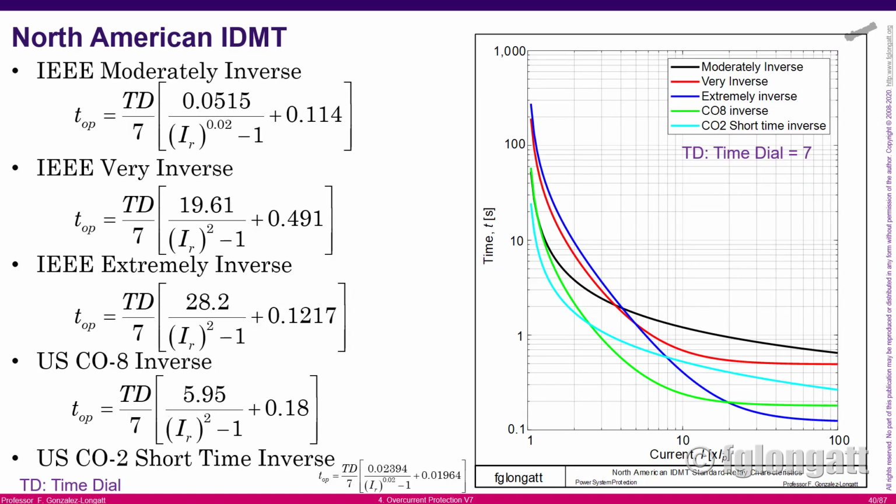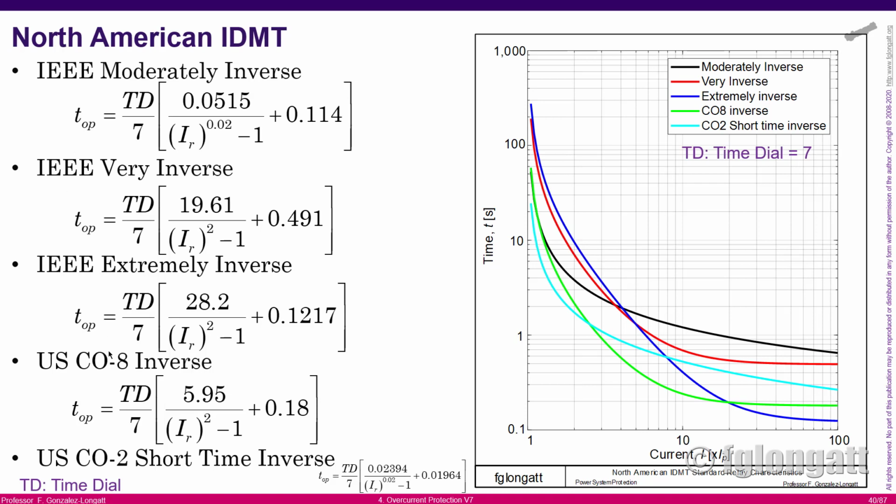Something similar happened with the American standards. On the right hand side you can see the plots. On the left hand side you can find the equations, and you can see the moderate inverse, the very inverse, and the extremely inverse, the IEEE ANSI plots for the standard overcurrent relay characteristic.